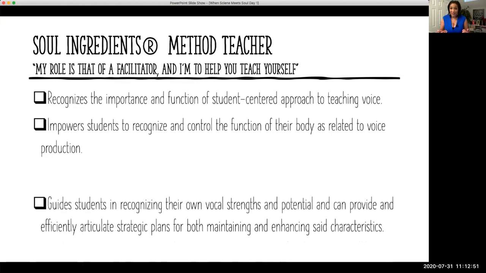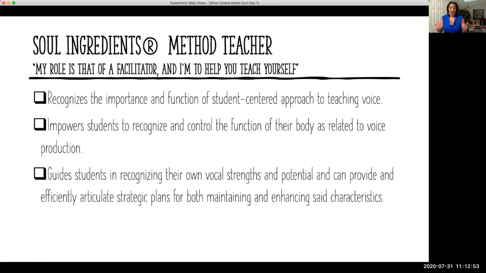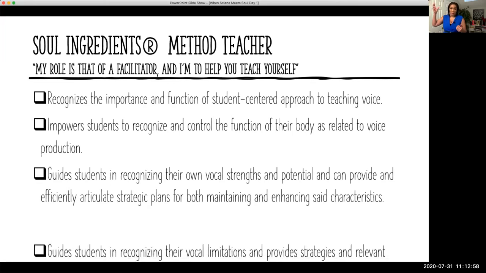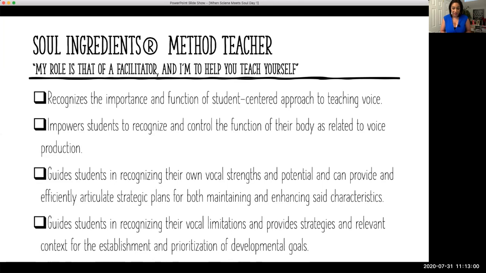I am not the magic wand. I am not here to grant you this gifting of voice and style so that you might all of a sudden be a fabulous singer. But I am here to facilitate the journey, to help you discover who you are and how you best communicate in a way that's going to be healthy and sustainable for you and what you have to do.